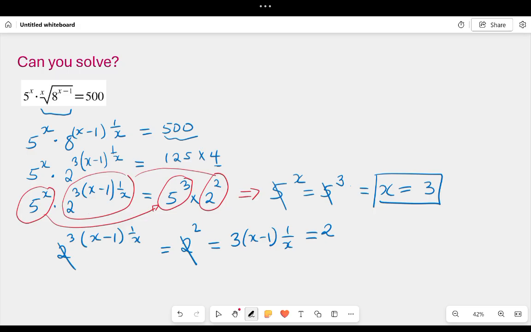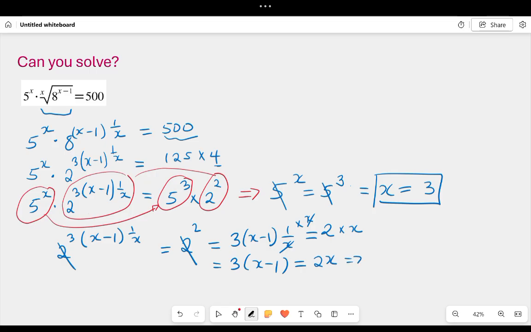Now, to get rid of this denominator in 1 over x, we are going to multiply by x. Over here, we multiply by x. So what we are getting here, the x and x cancels out. We are going to have 3 into brackets x minus 1, which is equals to 2x.